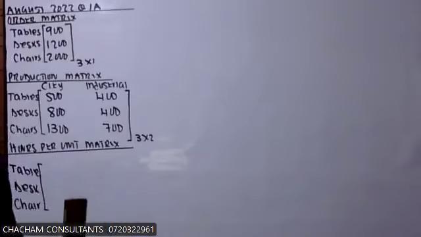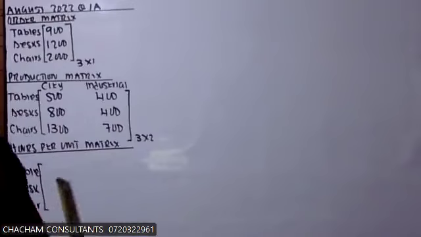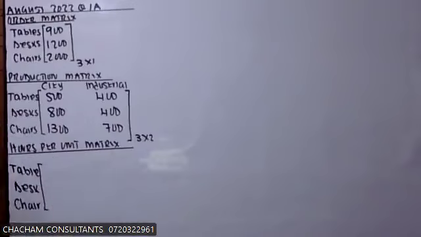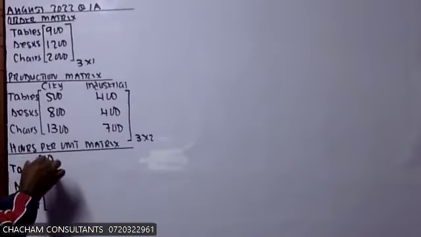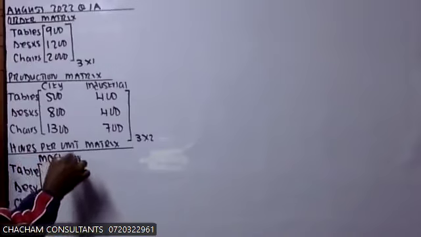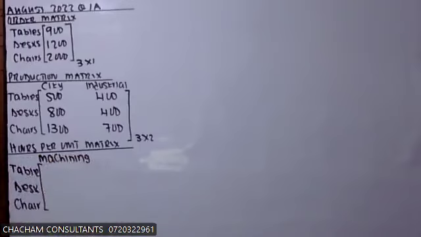So for the hours we have departments. There is machining. We are told production of a table requires 3 hours in machining. So table machining 3. 5 hours in assembly.